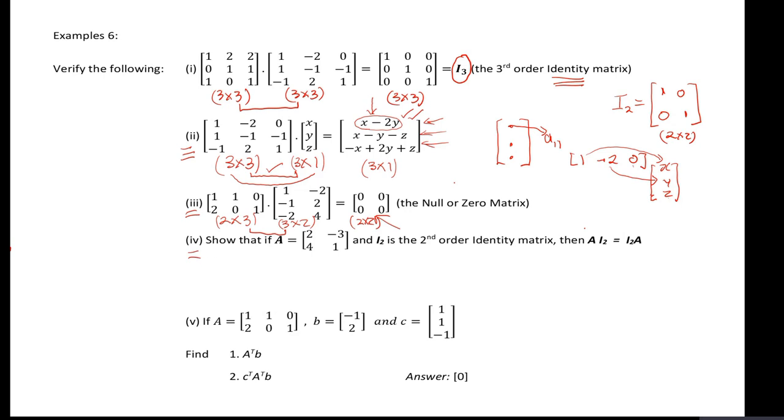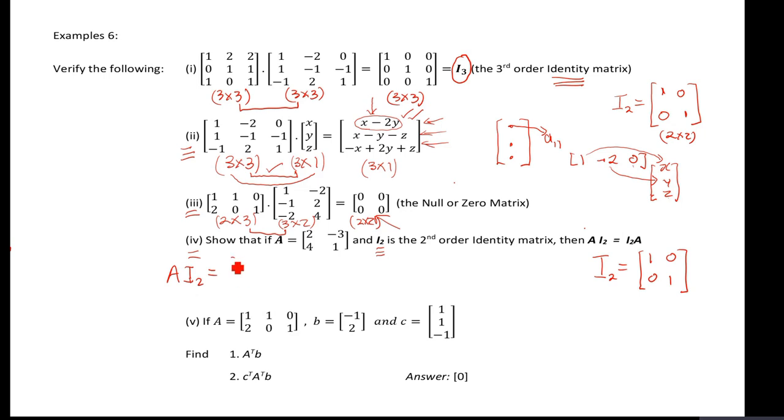Number 4, show that if A is equal to 2, minus 3, 4, 1, and I2 is the second order identity matrix, then AI2 is equal to I2 times A. Now, let's just write down I2 first, but it's already on this page. I2 is equal to 1, 0, 0, 1. So what does AI2 imply?